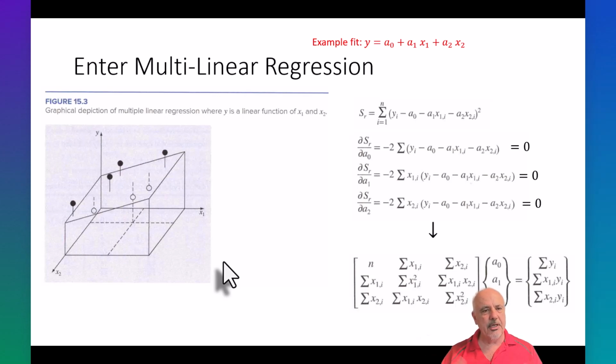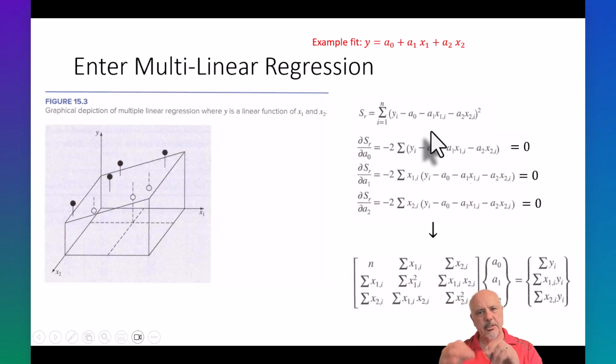So in this situation, we're looking for a best plane fit. If you have two variables, x1 and x2, then you're looking at a plane instead of a line. You're looking at a best plane fit, and that would be y equals a0 plus a1 x1 plus a2 x2. So that's our fit that we're looking at.